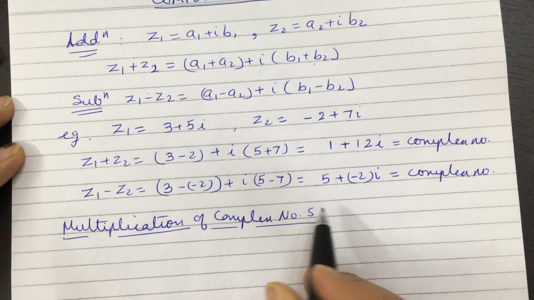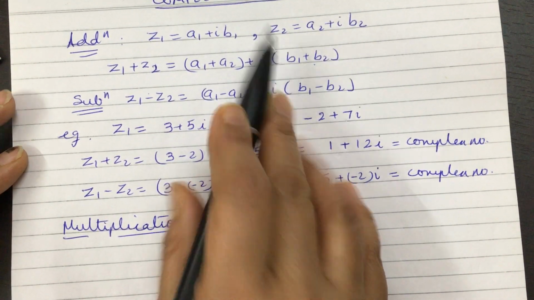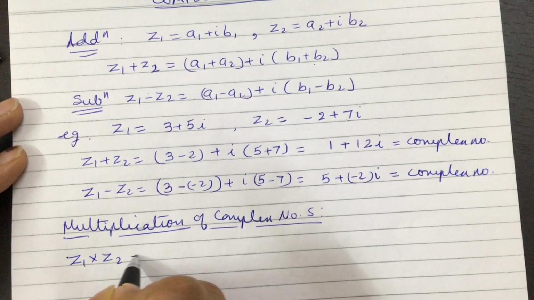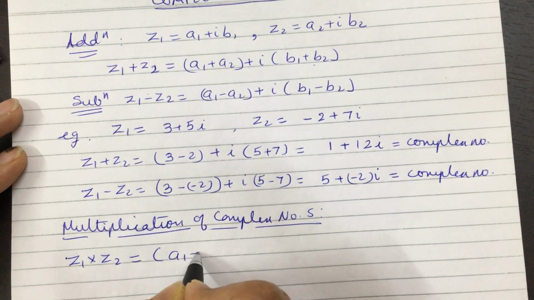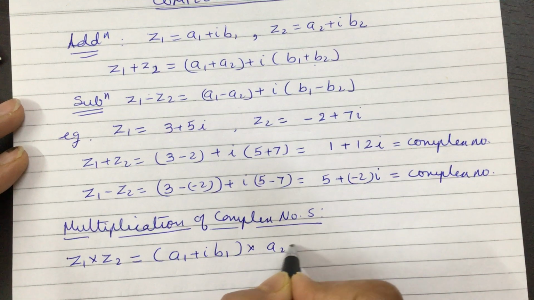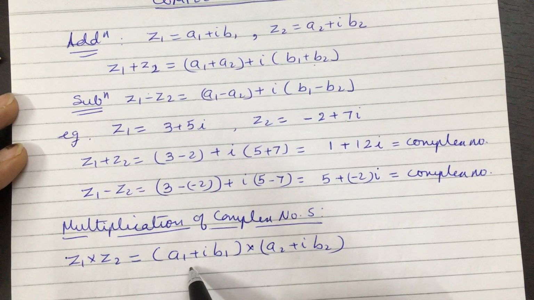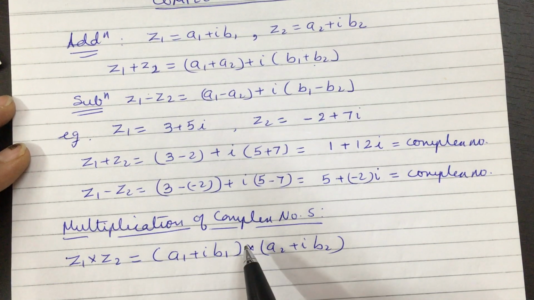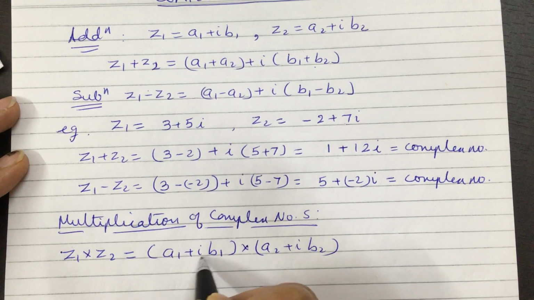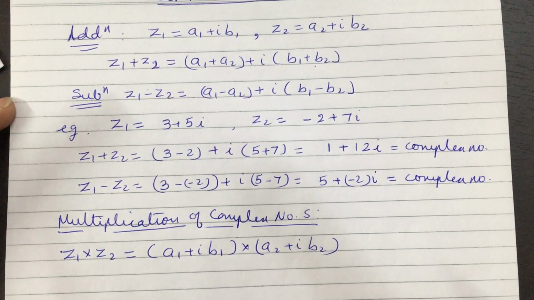Again we start with the same two complex numbers z1 and z2, and let's see what the product of the two complex numbers is. We write it as (a1 plus ib1) into (a2 plus ib2), and we open it up the same way as we do in the product of two linear functions, treating i in place of x.